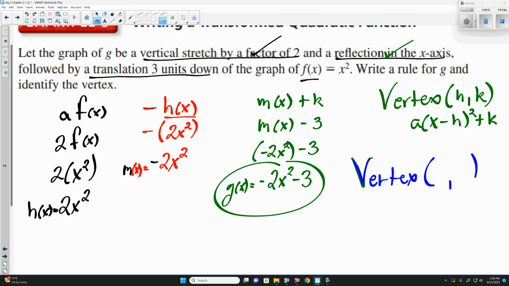So h is inside the parentheses, k is outside. h is our number we're subtracting from x squared, and k is the number we're adding and subtracting on the outside. Well, in our case, the value of k is what? Negative 3. Because it's exactly like it looks. It is negative 3.